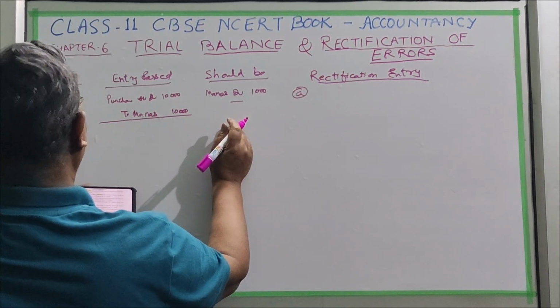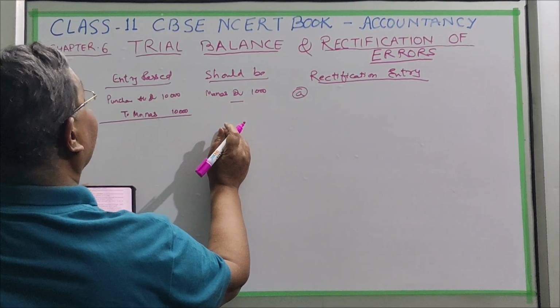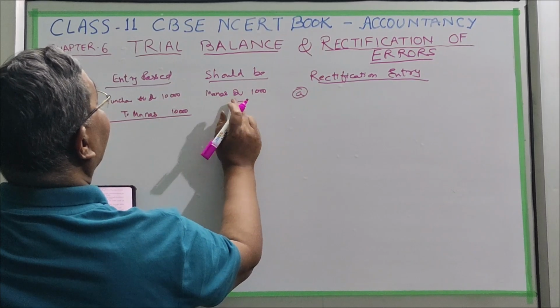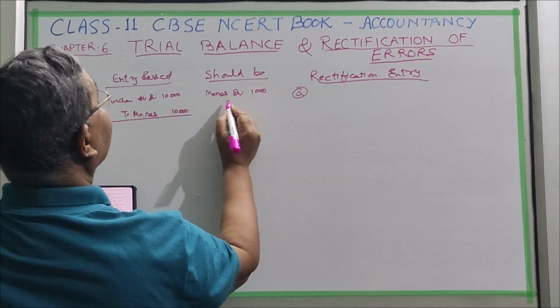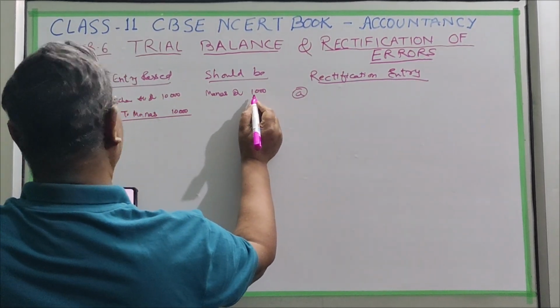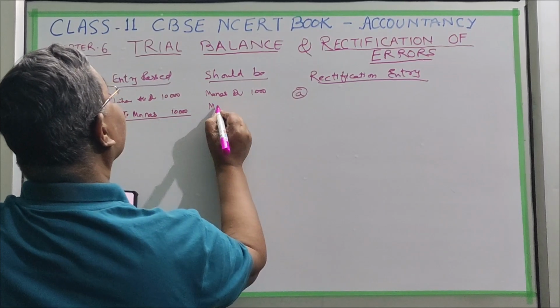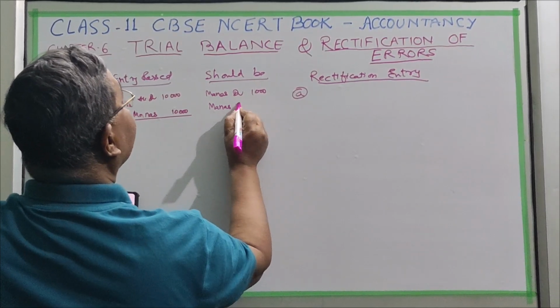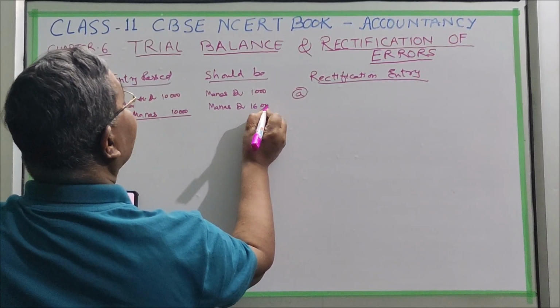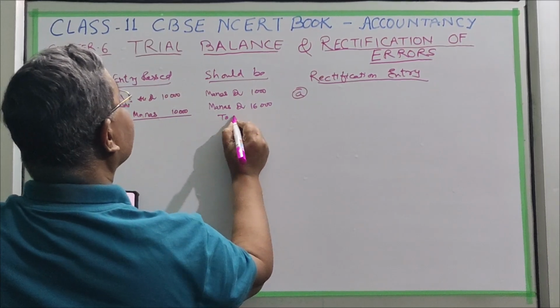Credit sales to minus 16,000. Credit sales to minus 16,000, you have debited, and minus debit 16,000 to sales account.